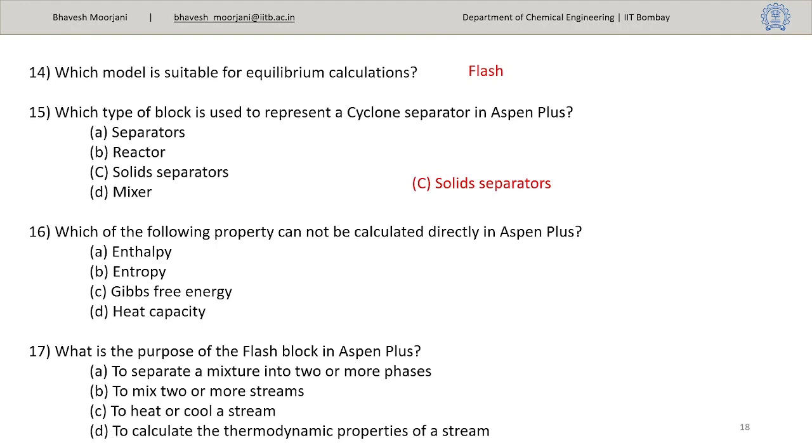Now, which of the following properties cannot be calculated directly in Aspen Plus? You have various properties. When we simulate, we get stream data, right? So which of the properties is not available directly? Entropy? No, it's actually Gibbs free energy.